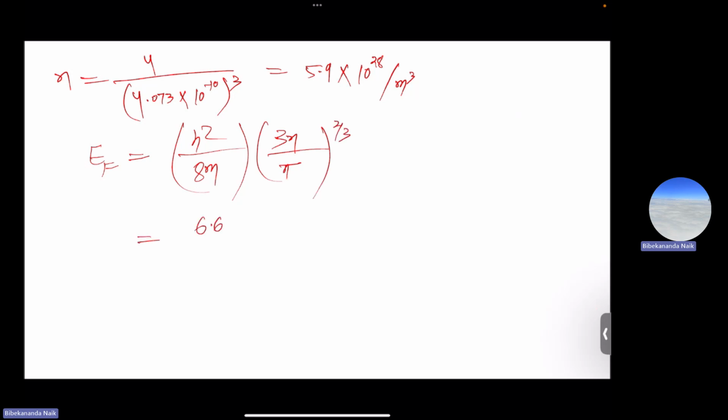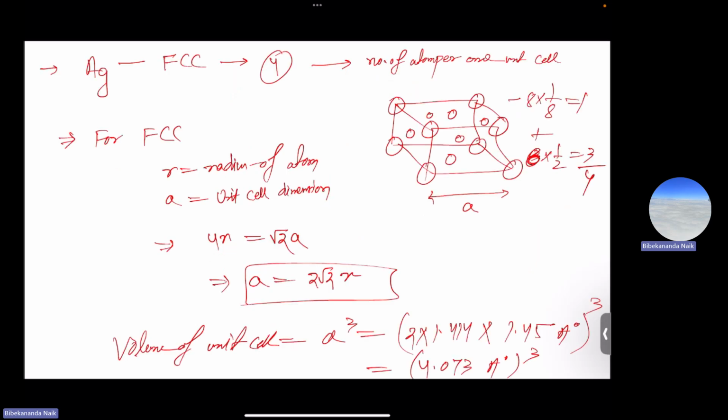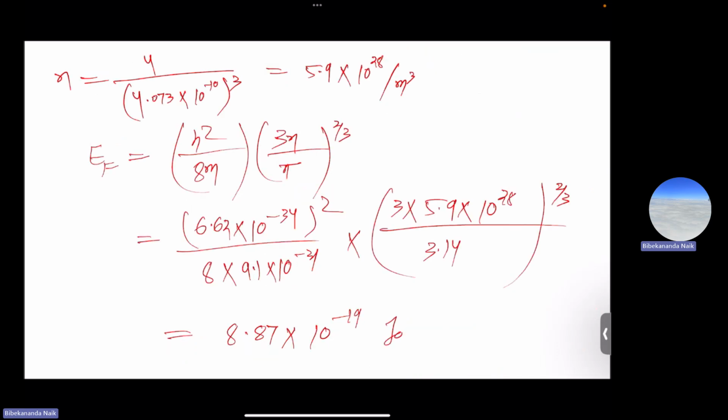So it will be 6.62 into 10 to the power minus 34 squared, divided by 8 into 9.1 into 10 to the power minus 31, into 3 into 5.9 into 10 to the power 28 divided by 3.14, to the power 2 by 3, which will give you, after calculating, 8.87 into 10 to the power minus 19 joule.